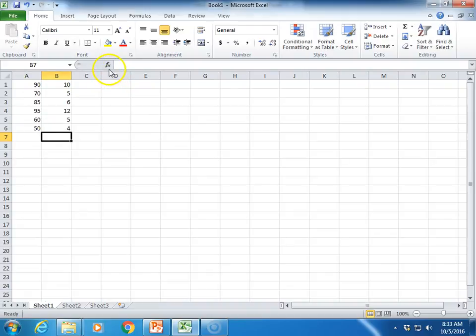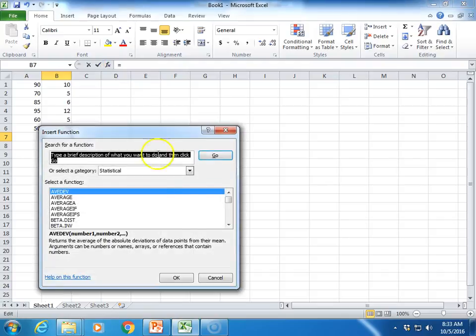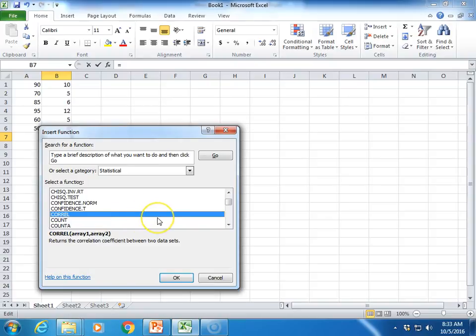If you click the little F sub X button here, the Insert Function button, and if you select here the statistical category, you'll find all sorts of statistics that we can calculate. If you scroll down a bit, you'll see one abbreviated CORREL, which is short for correlation.